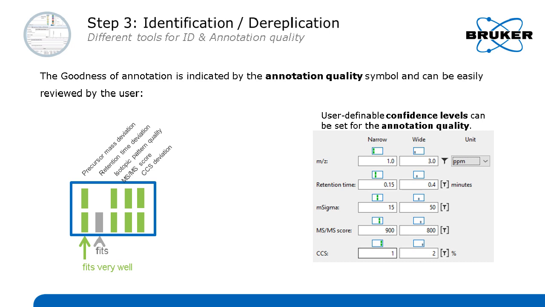And what you consider a good or a medium match or no match at all can always be defined by yourself. So whenever you do an annotation, you can select by yourself which mass accuracy you trust, and also which isotopic pattern you trust.